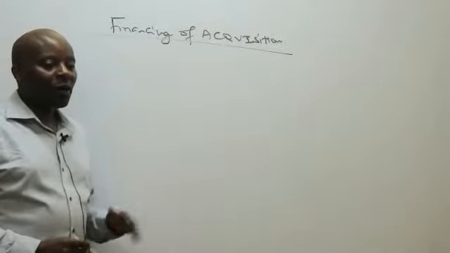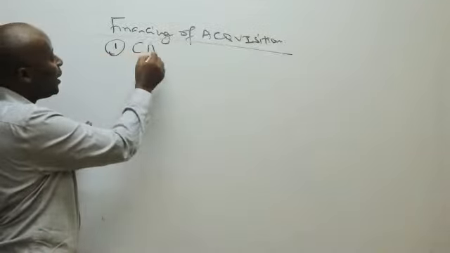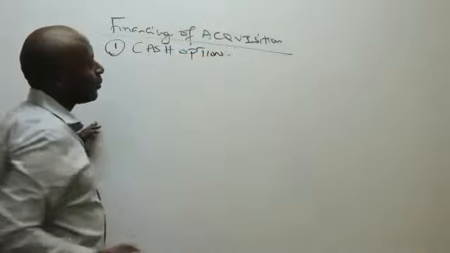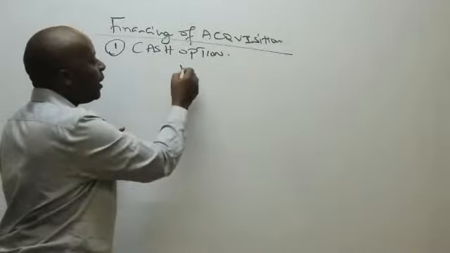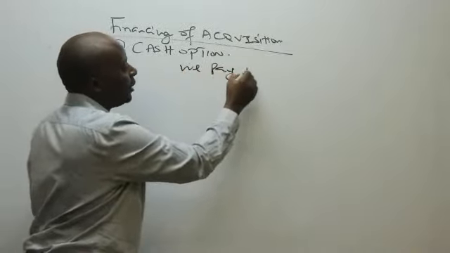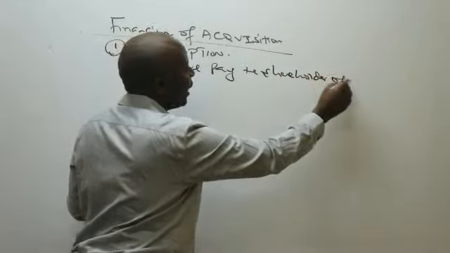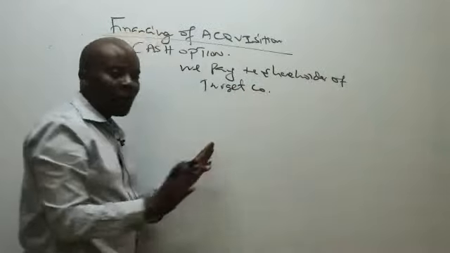So financing of acquisitions, ladies and gentlemen, number 1, we could use in this case the cash option, where we simply pay the shareholders of the target company for the shares we acquire.